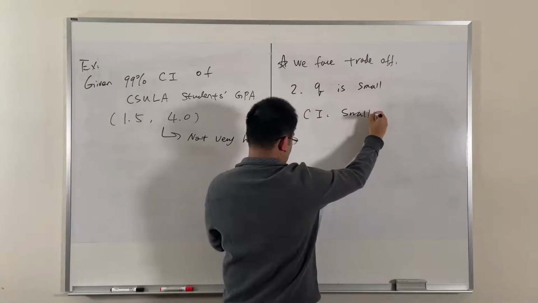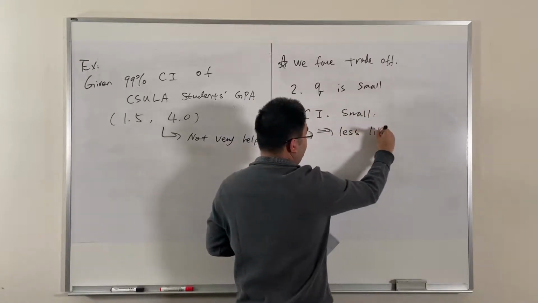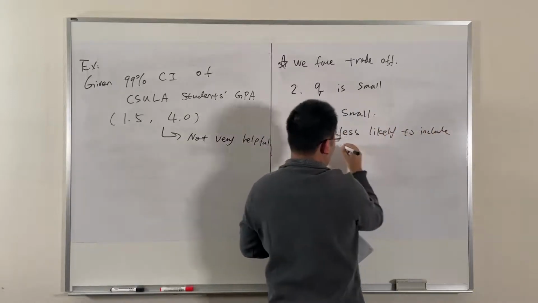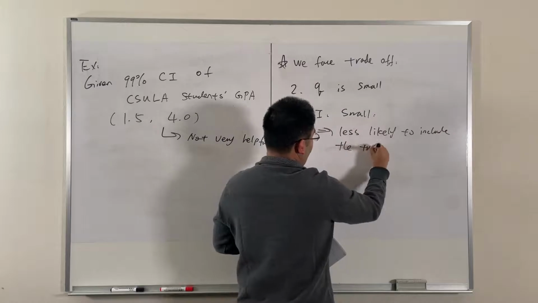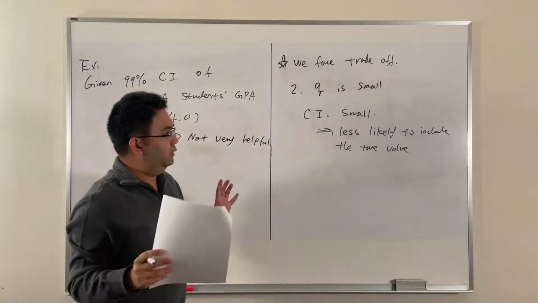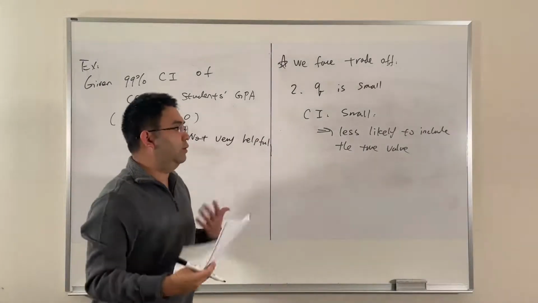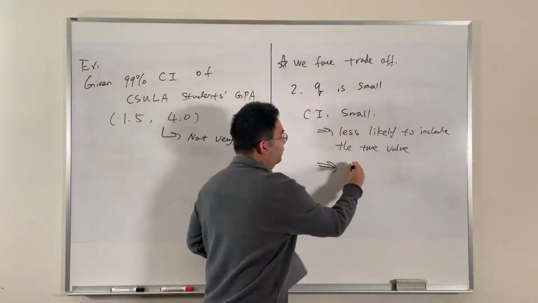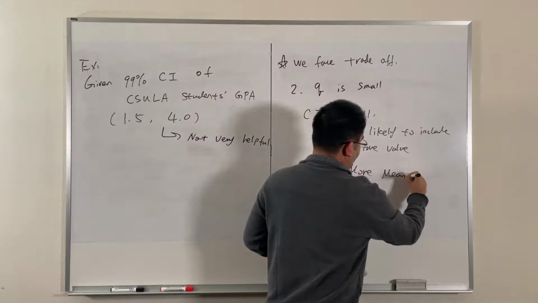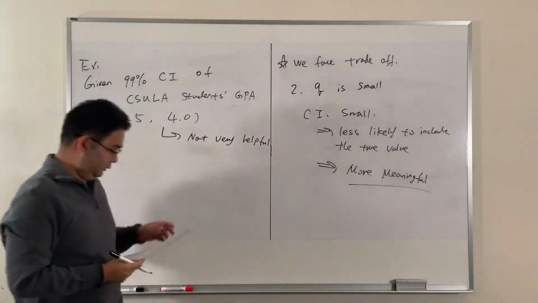And then the bad thing is it's less likely to include the true value. Okay, so if your range is small, then it's less likely to include the true value, but it's more meaningful for you to have a smaller range.